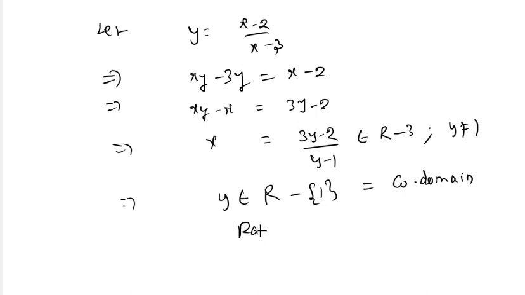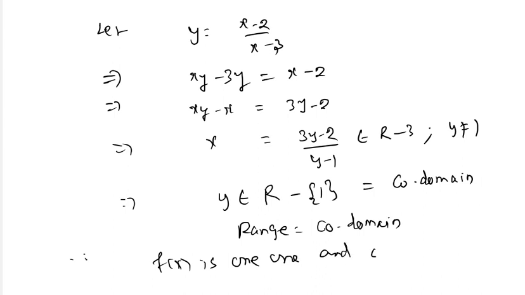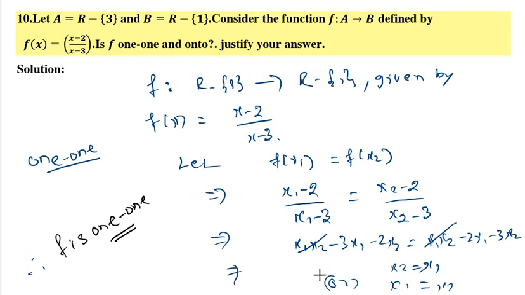So range equal to codomain. Therefore the function f of x is 1 to 1 and onto function. We want to test the statement of the question once again. Justify your answer. Justified.